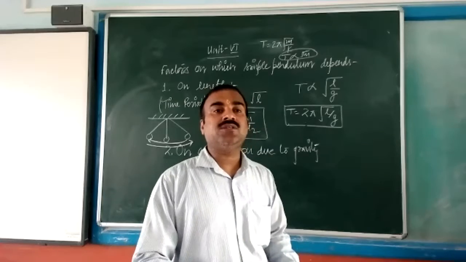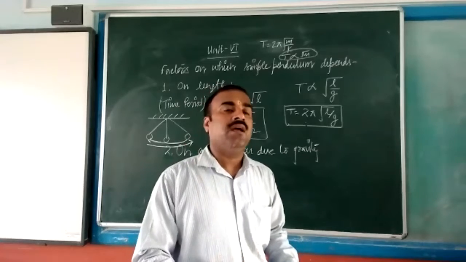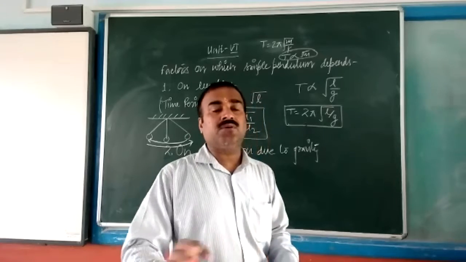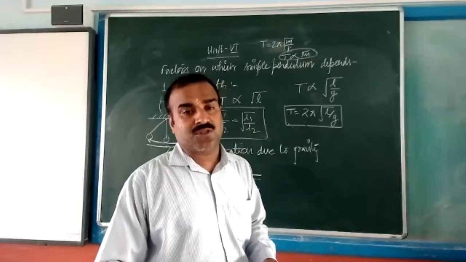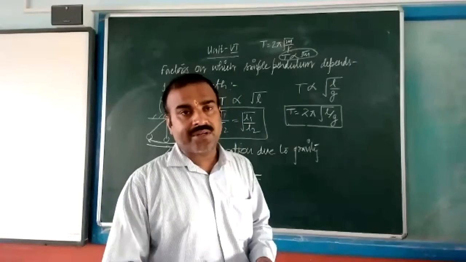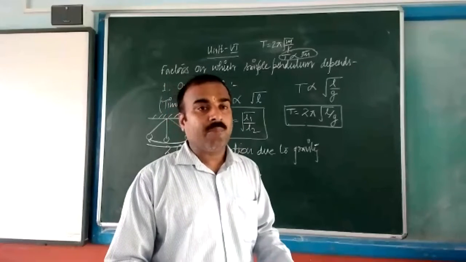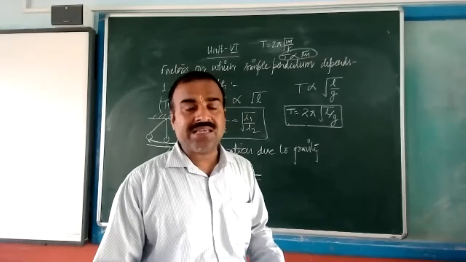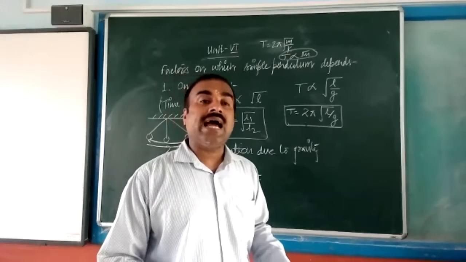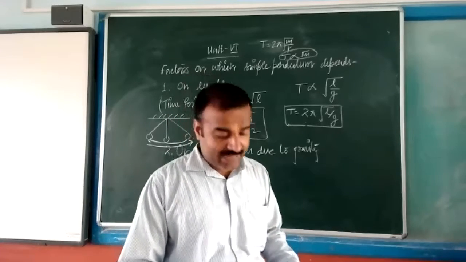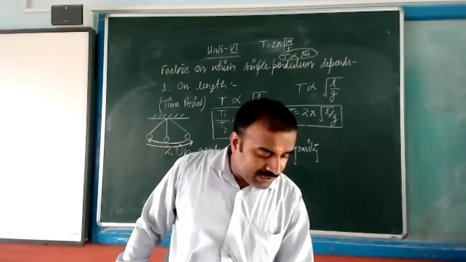Until you know how to draw the graph, you can't plot a graph between L and T square or root L and T. So once I explain the graph chapter, in that chapter I will explain that topic. Okay, now see the practice problem.